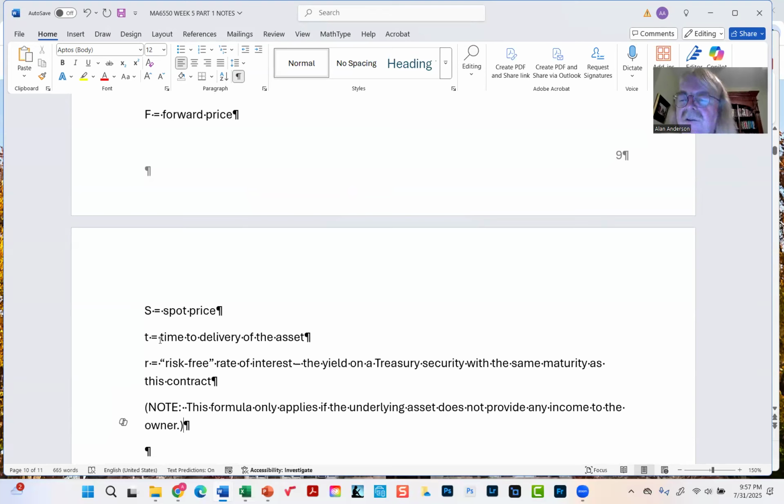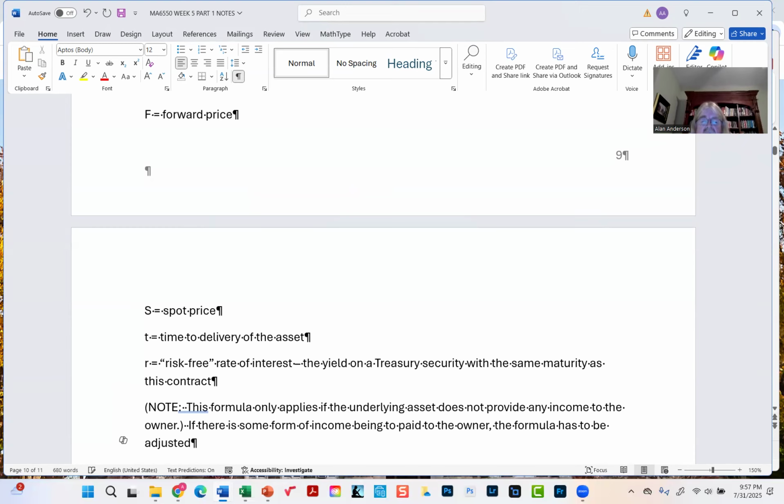Okay, you don't get interest payments or you don't get dividends or anything like that. If there is some form of income being paid to the owner, the formula has to be adjusted, of course. And we will see how that works.